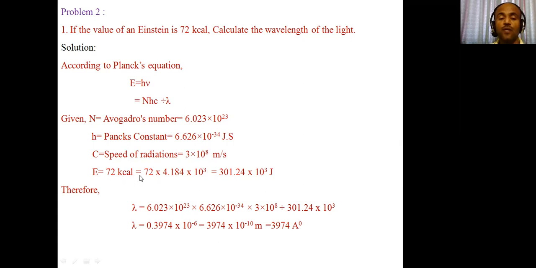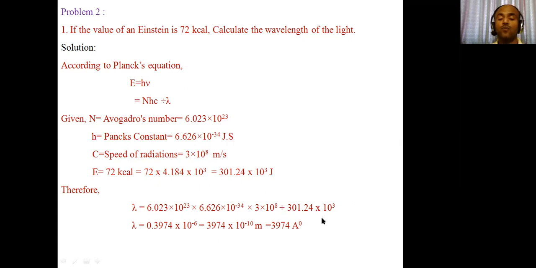So 72 kilocalorie is converted into SI system, that is joule. Okay, so multiply it by 4.184, that will give you the value in joule, into 10 raised to 3 to convert kilocalorie into calorie.